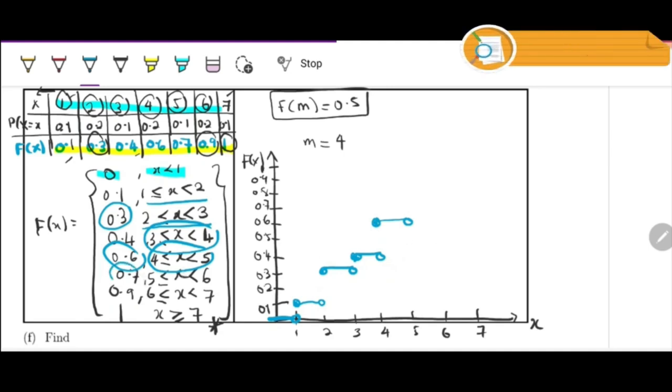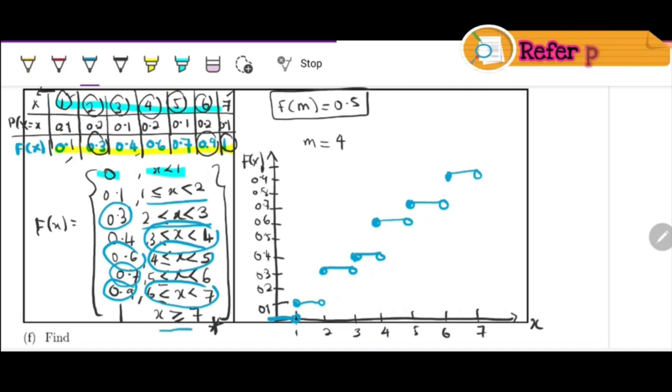F(x) is 0.7 on the interval 5 to 6. Empty circle for 6 and filled circle for 5. F(x) is 0.9 on the interval 6 to 7. Then a filled circle for 6 and an empty circle for 7.